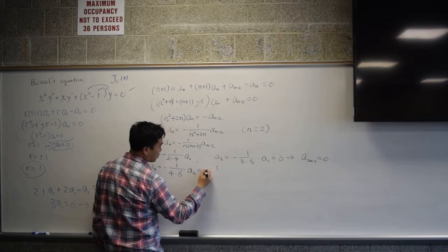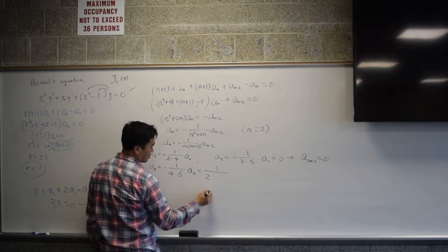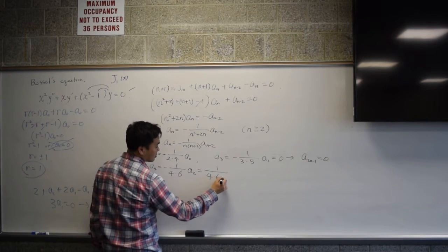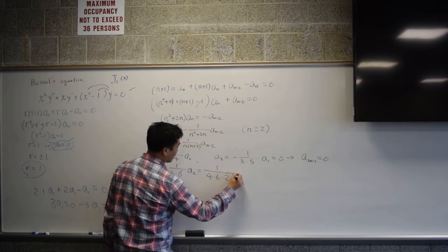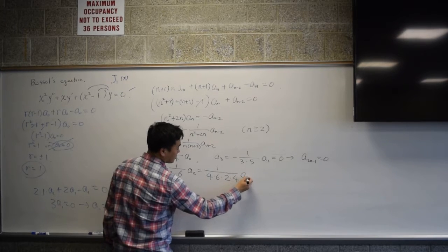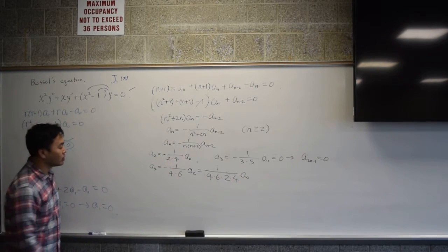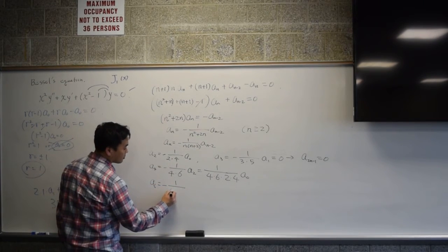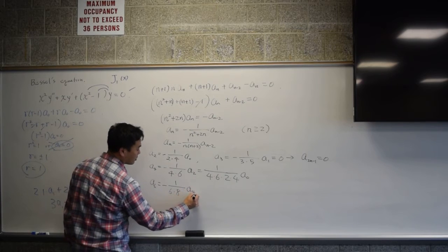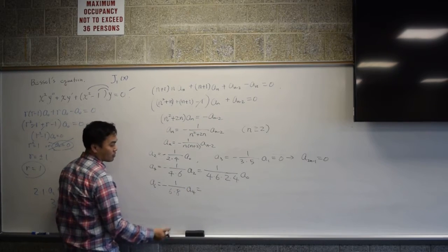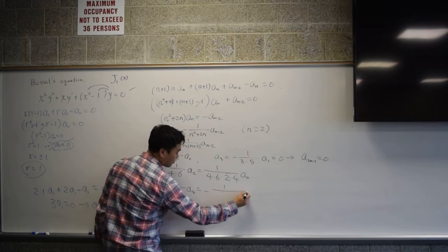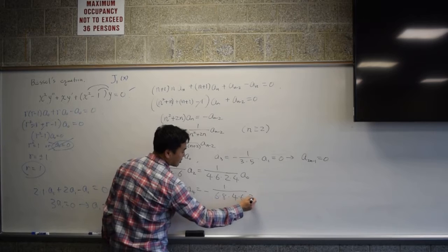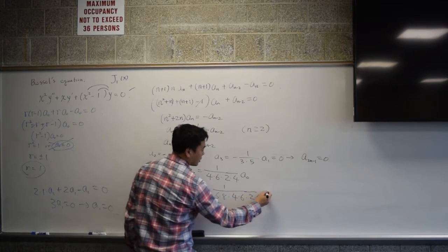So it's positive 1 over 4 times 6 times 2 times 4, A0. Now for A6, it'll be negative 1 over 6 times 8 times A4. But A4 is this, so I will have negative 1 over 6 times 8 times 4 times 6 times 2 times 4, A0.